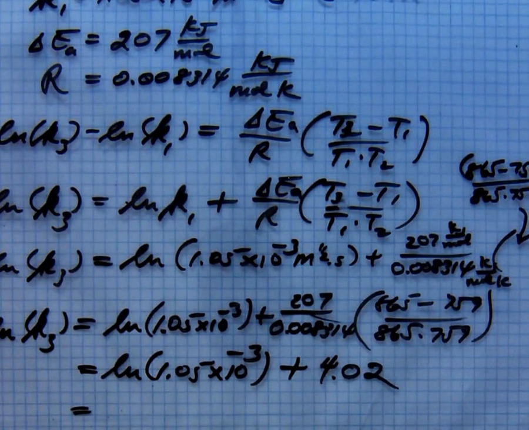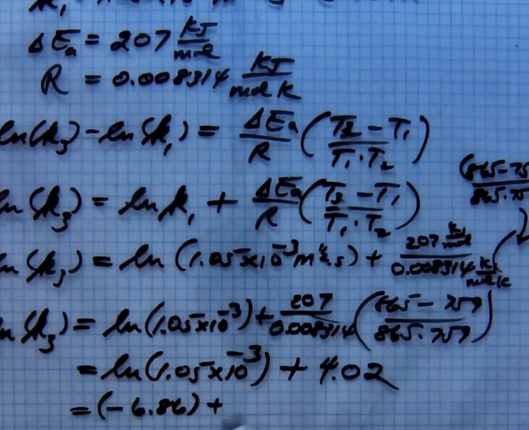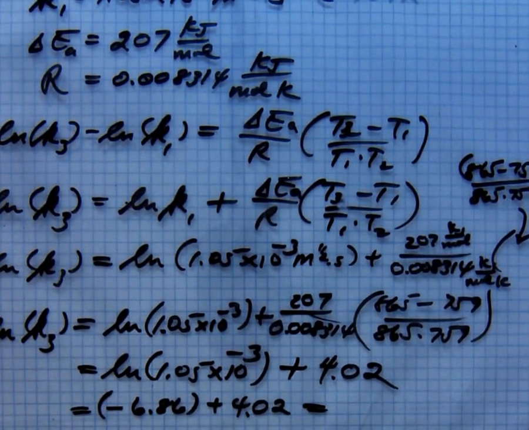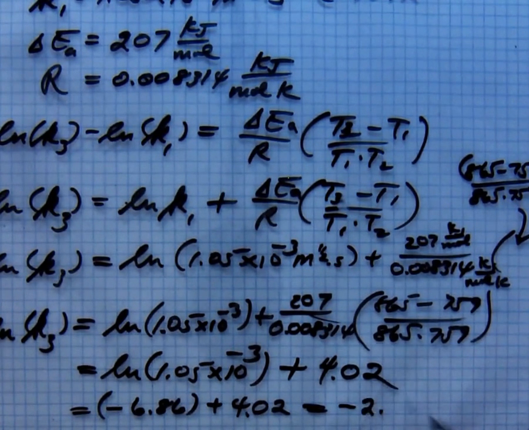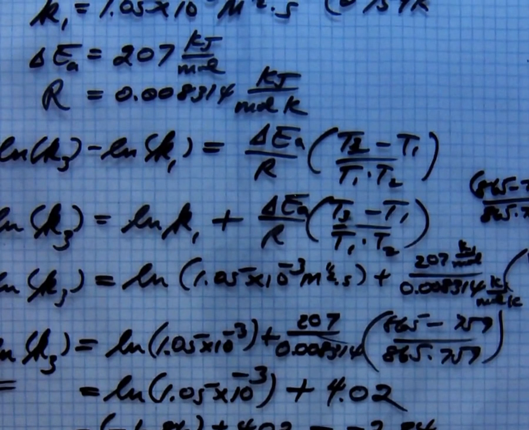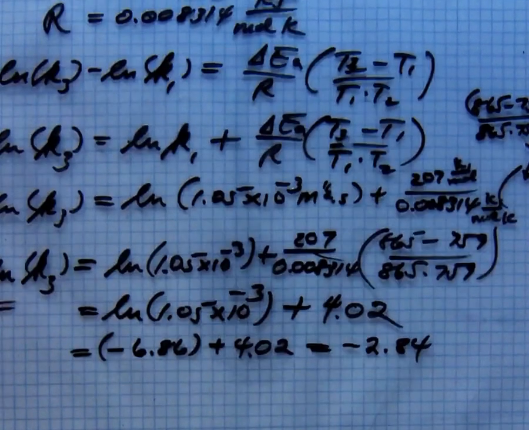Now the logarithm of 1.05 times 10 to the minus 3 is a minus 6.86, and we add back to that a plus 4.02, which leaves us with a minus 2.84, which is equal to the logarithm of K3.